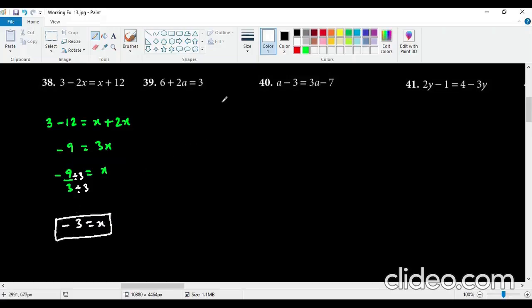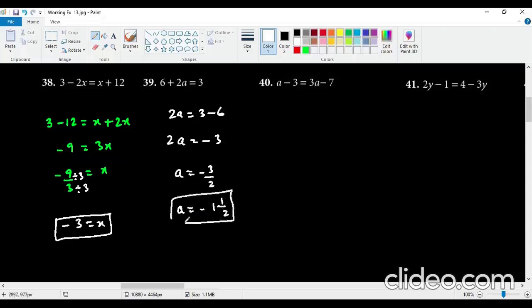Now you have 2a, keep it as it is, and 3 minus 6. That means 2a equals minus 3. That means a equals negative 3 over 2, or you can write negative 1 whole, 2 times 1 is a 2, 1 remainder as a mixed fraction.